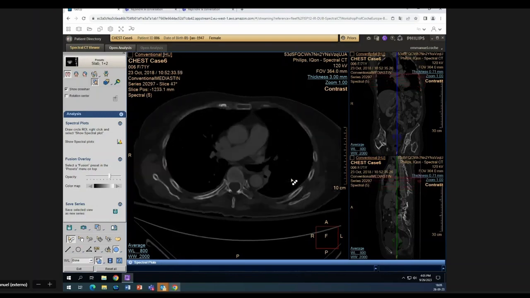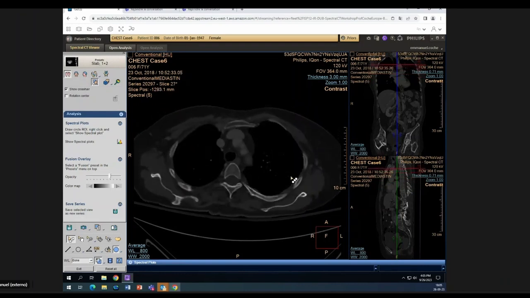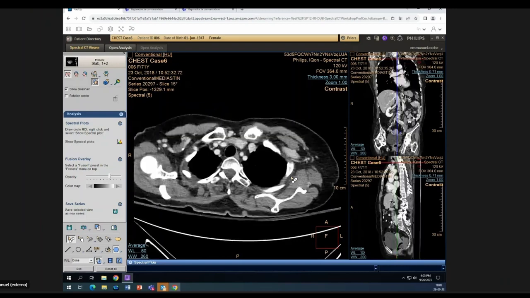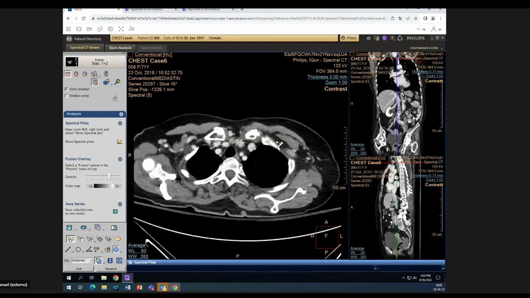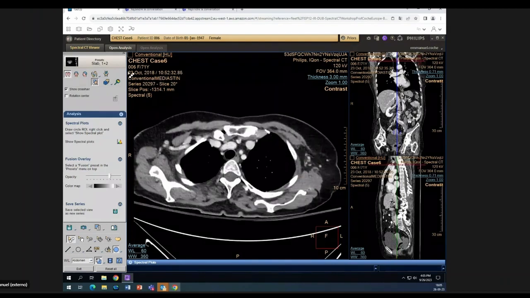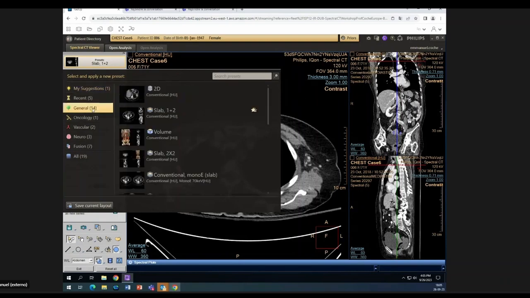I invite you to go to the mediastinal window setting, and you go to number 7 to select mediastinal window setting. And you will go to the spectral CT data. You will select preset. You go to general, for example, or recent.